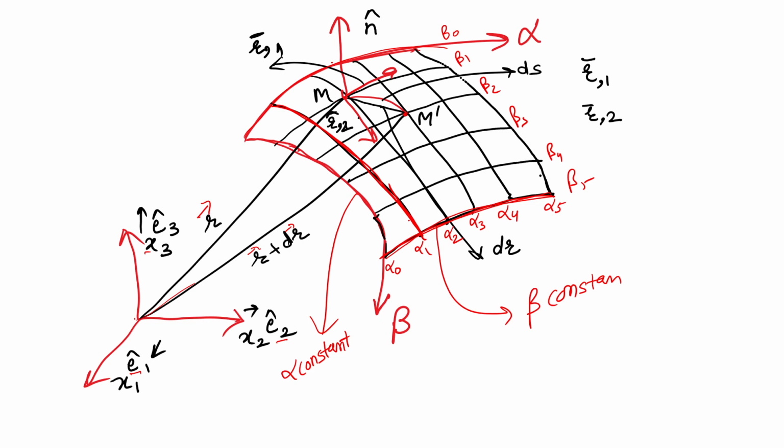We are moving from point M to M dash, then a straight line will be dr and a curved line will be ds. So, our aim is to find out the ds for this system.